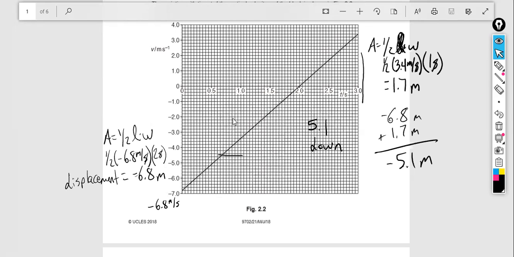And so it wouldn't give us the correct answer, because remember, how did we derive the equations of motion? It's by considering that the area underneath this gives displacement. Consider a more straightforward example: what if something was moving 1 meter per second for 1 second? Then the area underneath would just be length times width, 1 meter per second times 1 second.